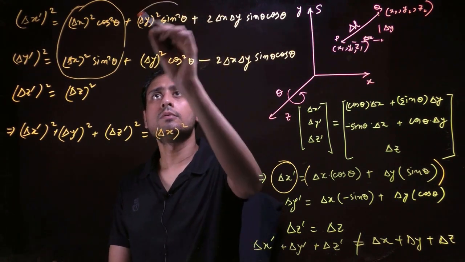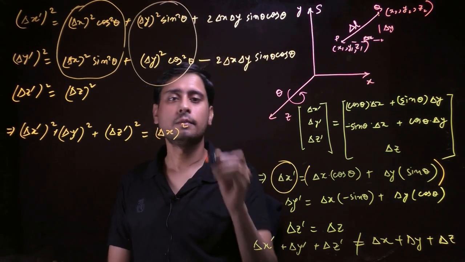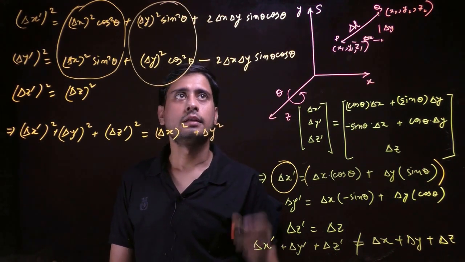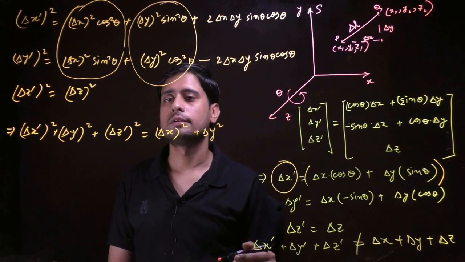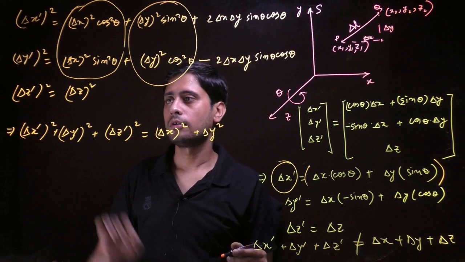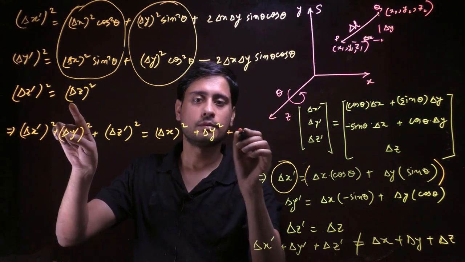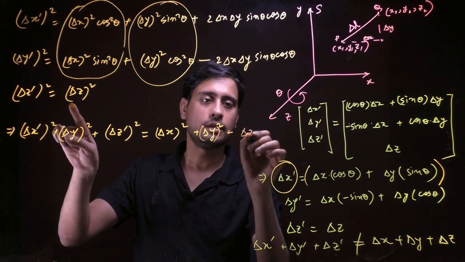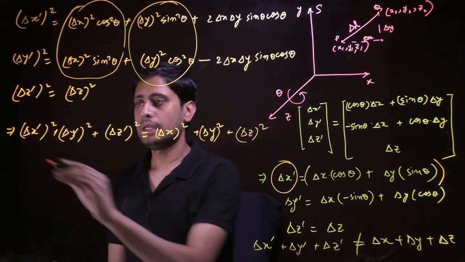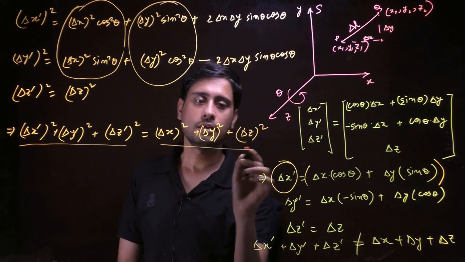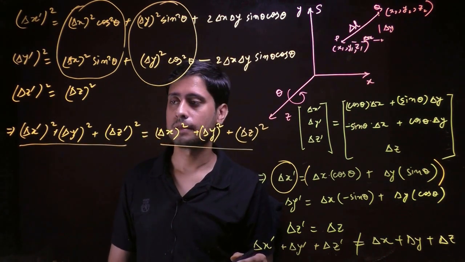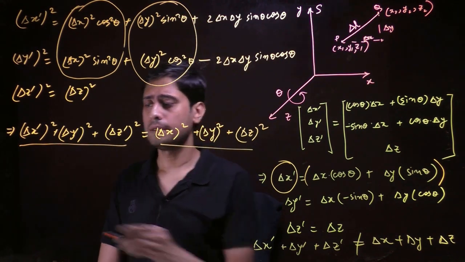Now these two terms will add up and give you delta y square, and these two terms will cancel out. If you add these three equations, then these two terms will cancel out, and only this term will survive. So delta z square.